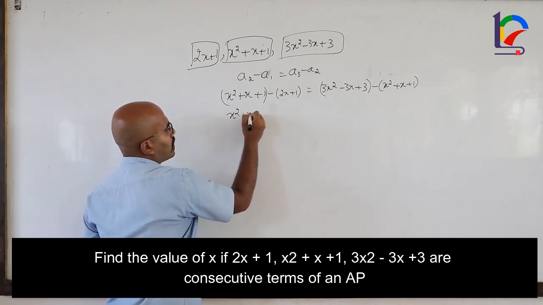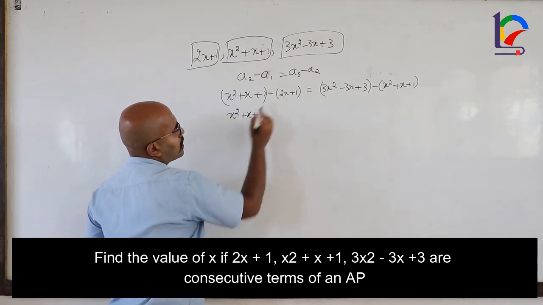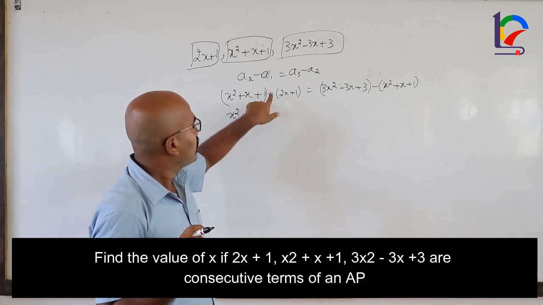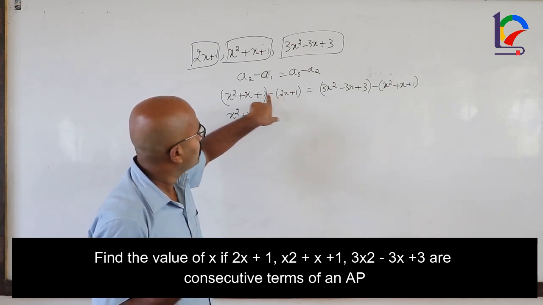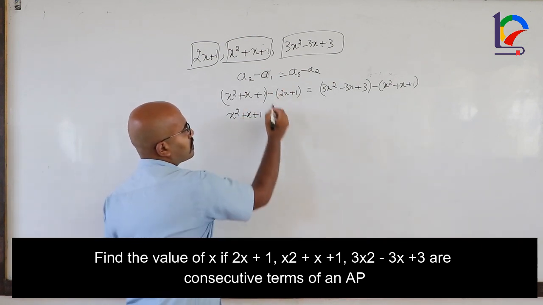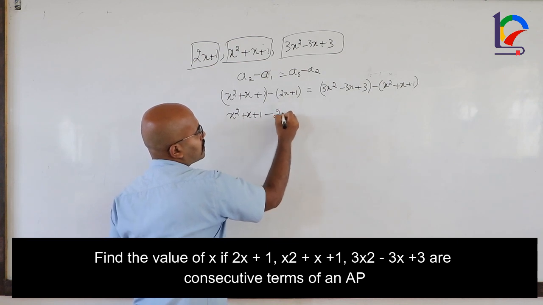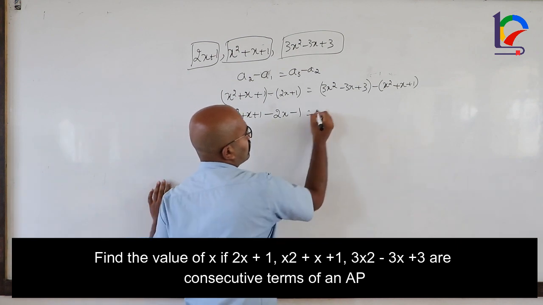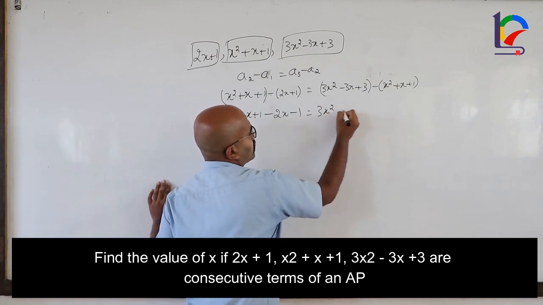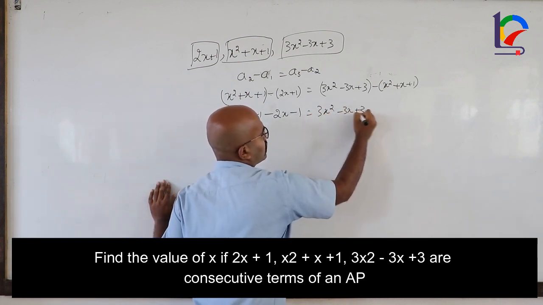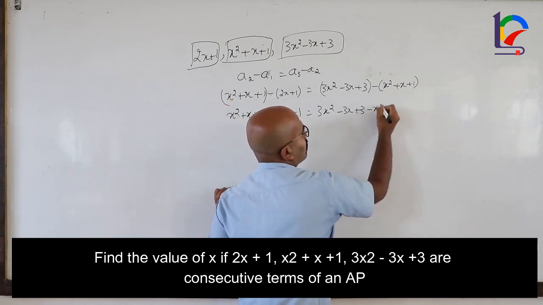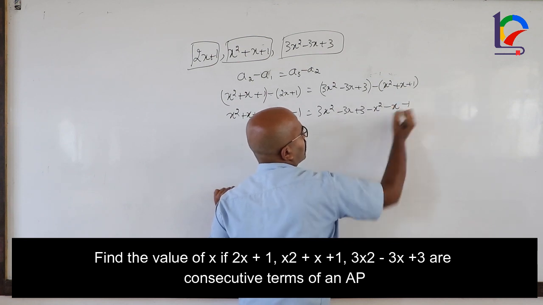So when you take the difference, be careful with the multiplication, the negative sign and the bracket. So minus into plus is minus 2x, minus into plus minus 1. Similarly, minus into plus minus x square, minus into plus minus x, minus 1.